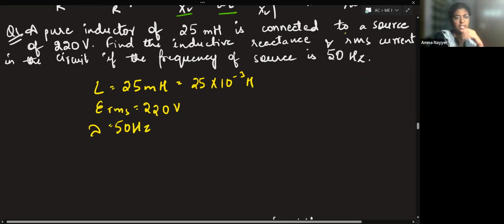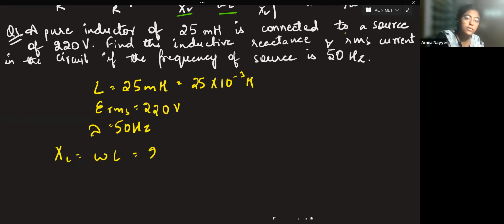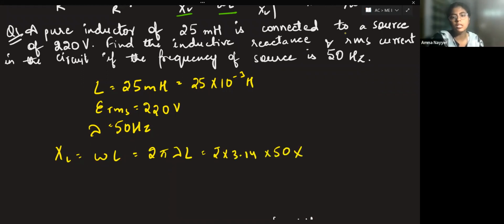Fine, frequency is given. So inductive reactance can be calculated as omega L. Omega is not given, so we'll write it as 2 pi nu L. So this is 2 into 3.14 into 50 into 25 into 10 to the power minus 3. This much ohms is the inductive reactance. And see what will be the IRMS current.